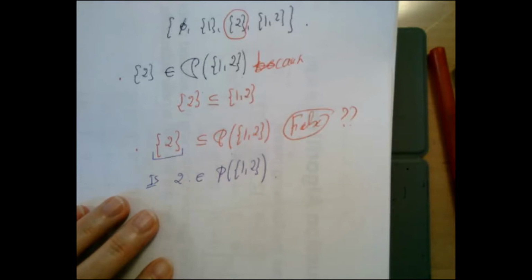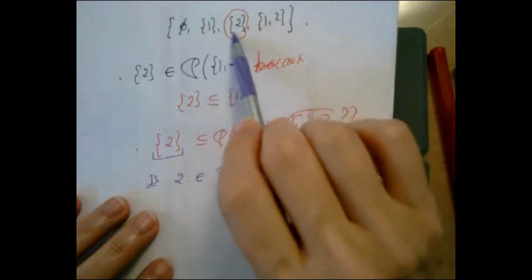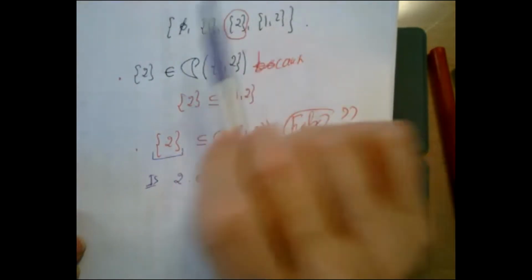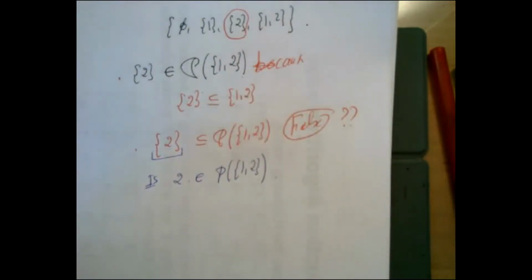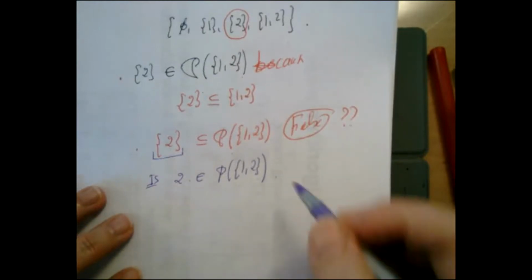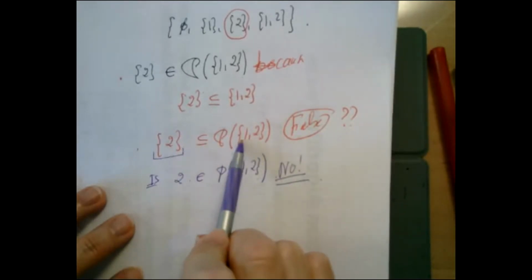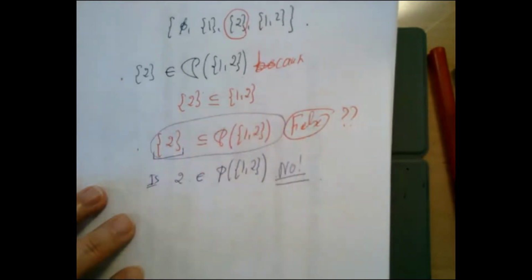No. No, because the elements of the power set are what? They are themselves sets. They are boxes, they have stuff in them. They are not loose objects. So every element of the power set is by itself a set. There's a difference between an apple on the table and a box that has an apple. Those are two different objects. So is 2 an element of that? The answer is no. Since 2 is not an element, it means the set that contains 2 is not a subset of the power set of {1}.